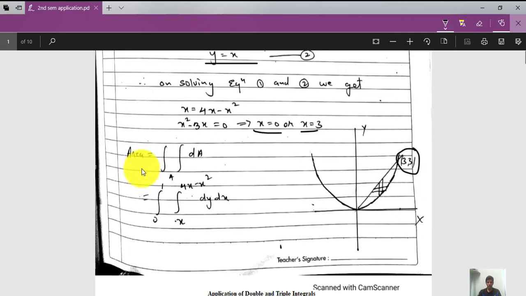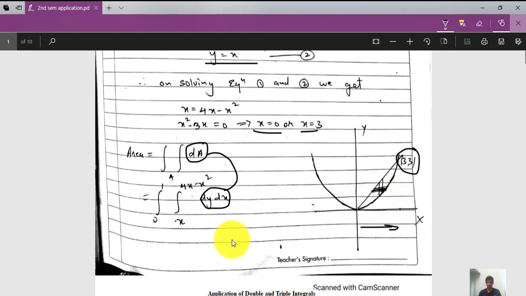Now the required area is equal to the double integral of dy dx. Either you can take a vertical strip or a horizontal strip. In this case I have taken a horizontal strip, in this direction.